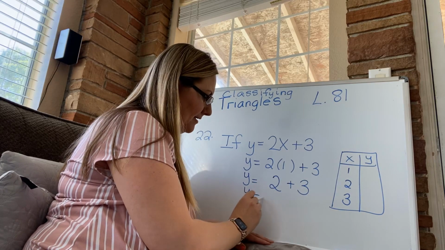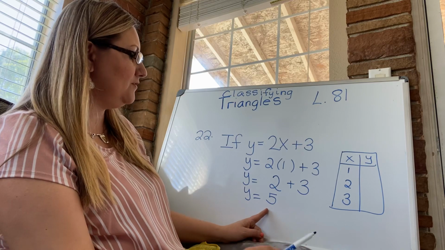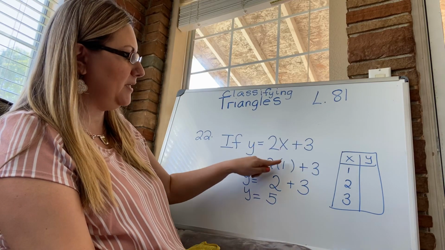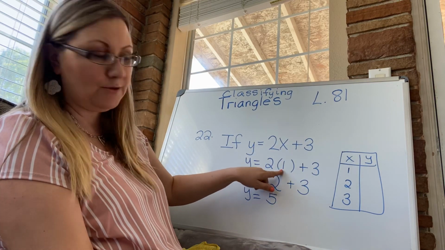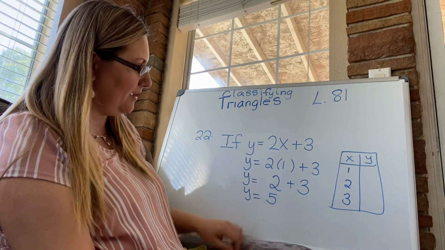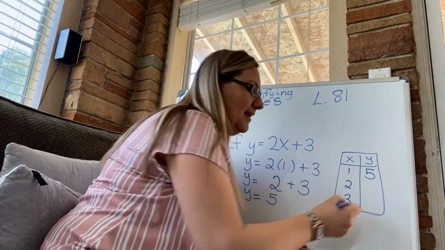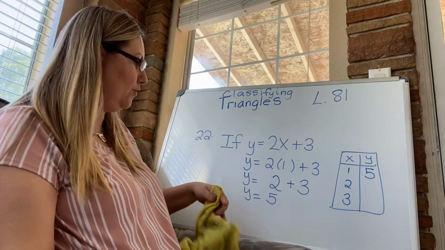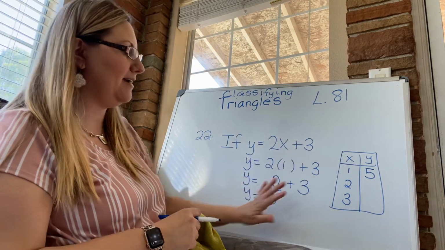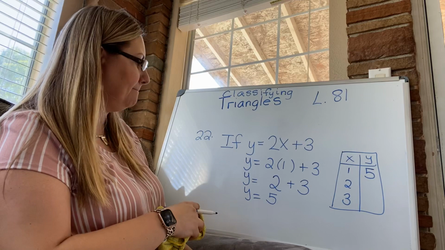And y then is 5. 2 plus 3 is 5. So we've just figured out that when x became 1, we replaced the x with 1. We substituted this. Then y at the end is 5. And we'll see a pattern form in just a moment. Okay? So you need to have all of this written down just like your teacher does now.